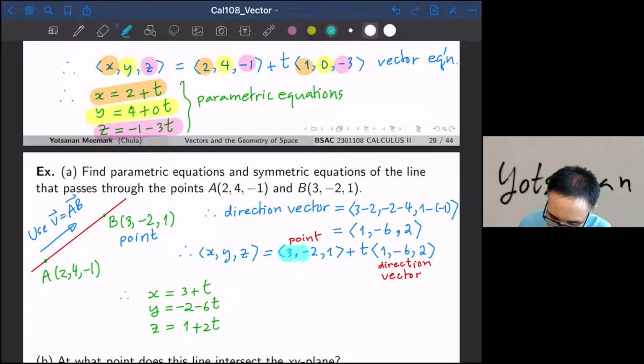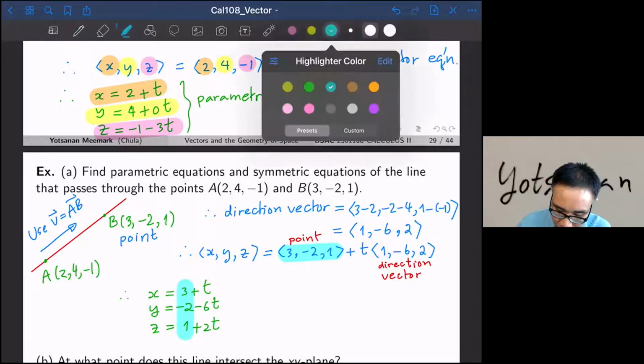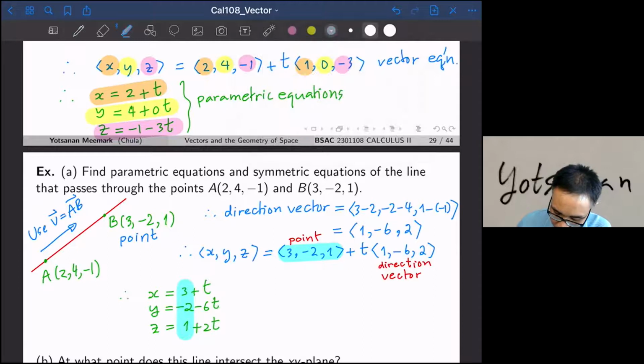So the point is going to be (3, -2, 1). And the vector (1, -6, 2) turns out to be the coefficient of t.